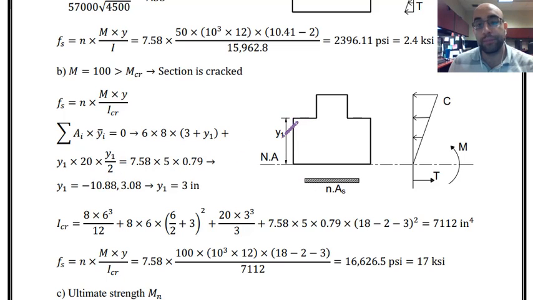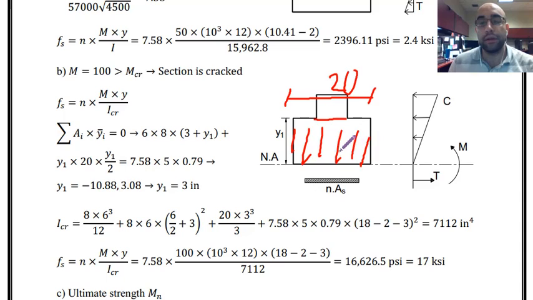The area is y1 multiplied by the width, and this width is equal to 20, and then the distance from the centroid of this bottom rectangle to the neutral axis is y1 divided by 2. So these are on one side of the neutral axis.